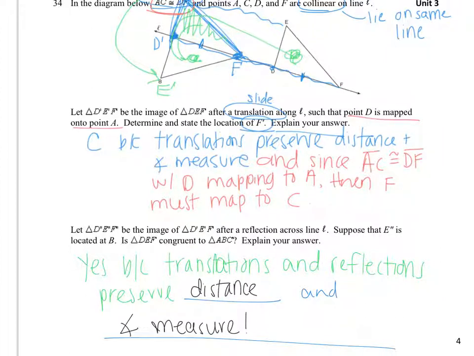If we preserve distance and angle measure, then size never changes, meaning that they are congruent, the same size and same shape. Flip it over to C number 33, I believe.